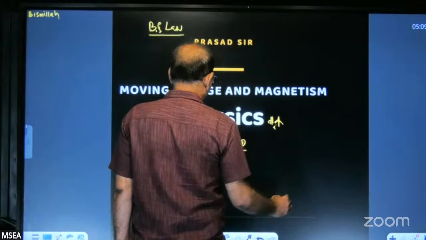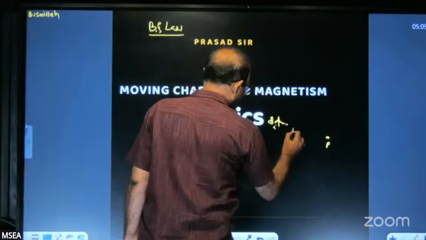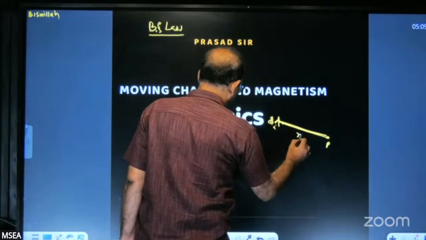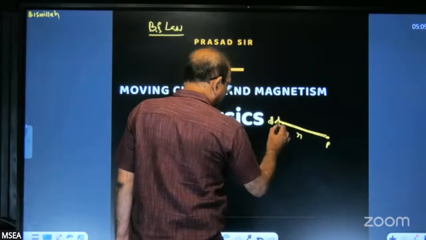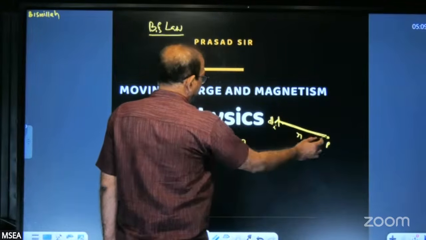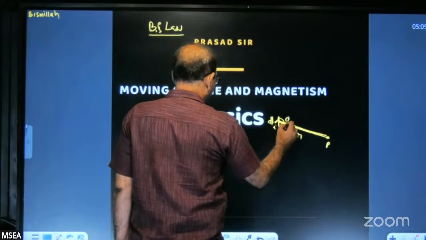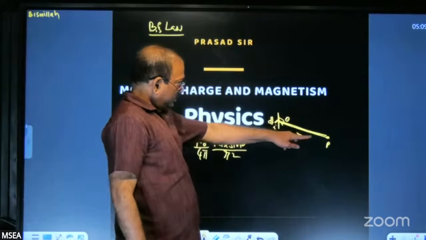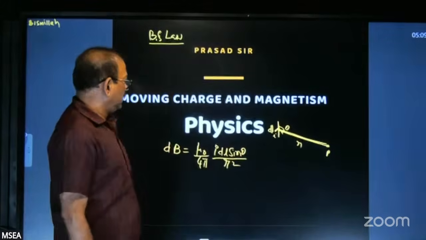At some point here, if you want magnetic induction due to this, if the distance from element to point is r, the angle made by this line joining element and point with current direction, that angle is theta.